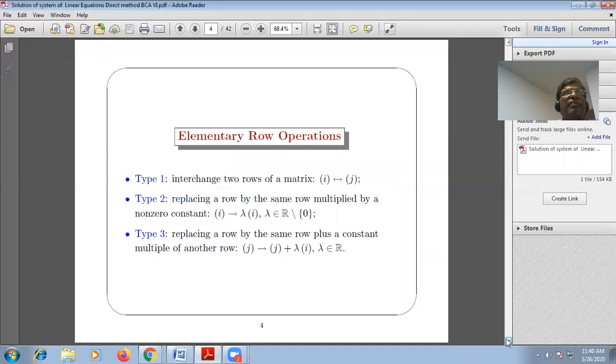So what is an elementary row operation? Interchange two rows of the matrix like this. Interchange means the first row will take the place of the second row and the second row will take the place of the first row. Replace a row by the same row multiplied by a non-zero constant.